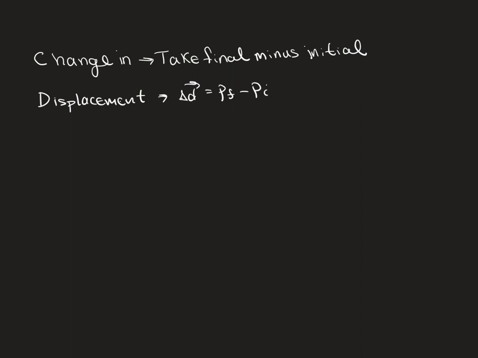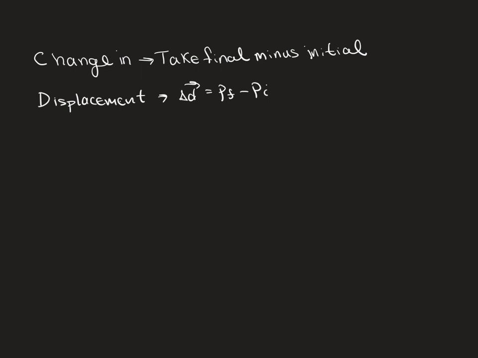So if we're at the 0 position initially, and then we are 10 meters away from that initial position, we would say our displacement is 10 meters because we're taking 10 meters minus 0. So you're taking your final position minus your initial position.